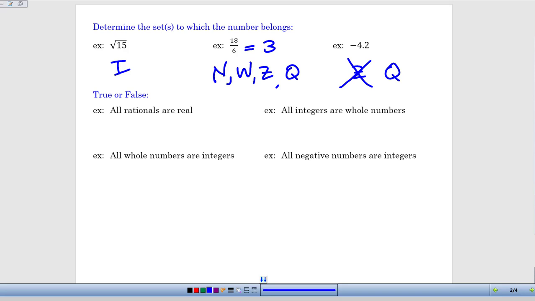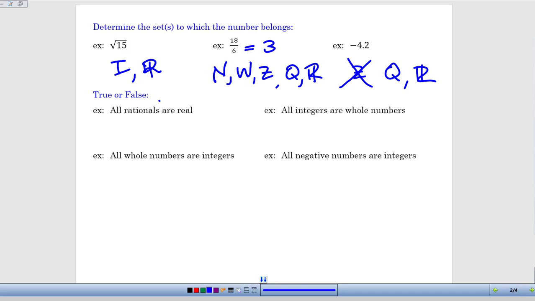Rational numbers can be negative, but it's a terminating decimal. So it's a rational number. And then all of these numbers fall into the category of being real. So we can use that fancy R to describe that, whether that's with the script or with the double bar. And really, since we're only operating with real numbers, if we left that off the list, it wouldn't be like we were missing out on any information.